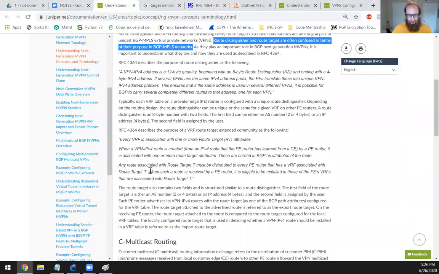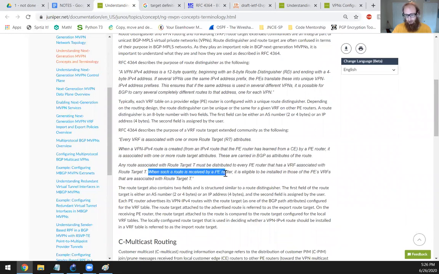But this one here, when such a route is received by a PE router, is eligible to be installed in those of the PE's VRFs that are associated with route target T. I think that means that if you get shot with an arrow and it penetrates your blue hat, you need to fire an arrow into everyone else's blue hat.